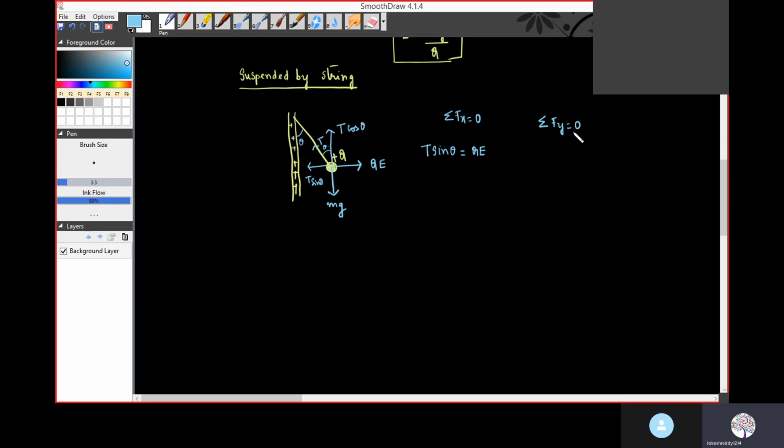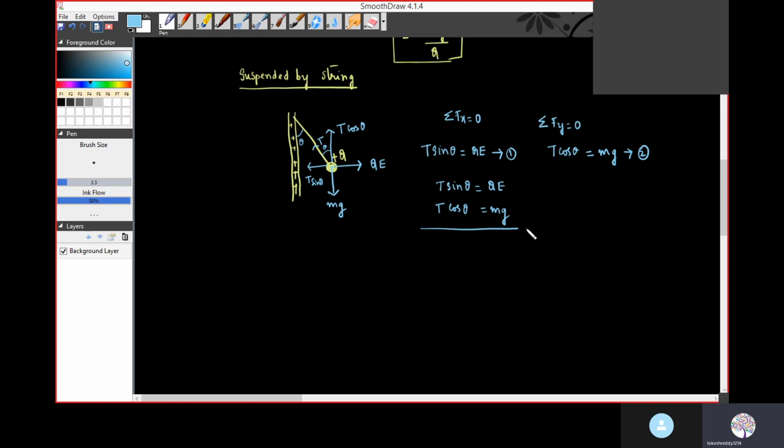Sigma Fy is equal to 0, so here I will write T cos theta is equal to mg. Let us write this as equation 1 and this as equation 2. Then equation 1 by 2: T sin theta is qE, and T cos theta is mg.